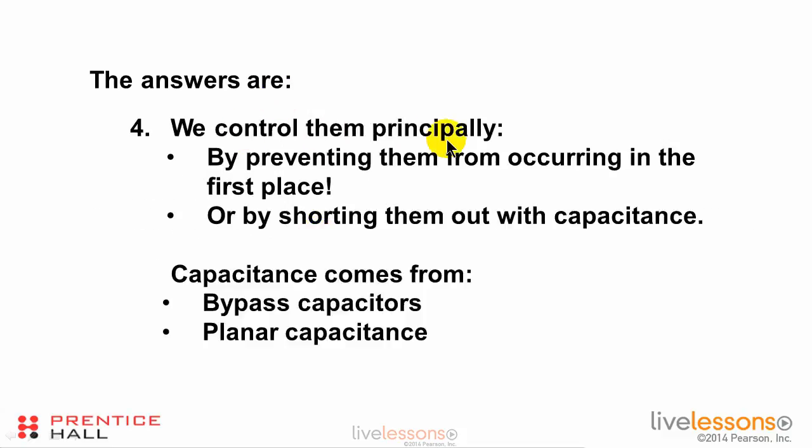And we control them principally by, number one, preventing them from happening in the first place, or if they do happen, and they will, shorting them out with capacitance. And the capacitance that we use to short them out comes from bypass capacitors and planar capacitance.